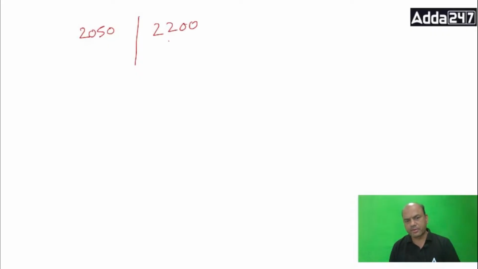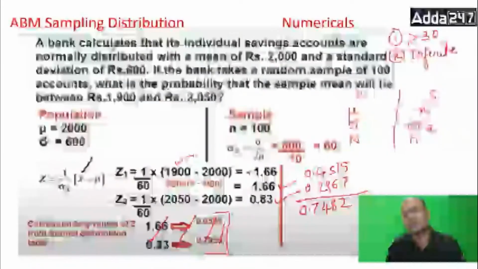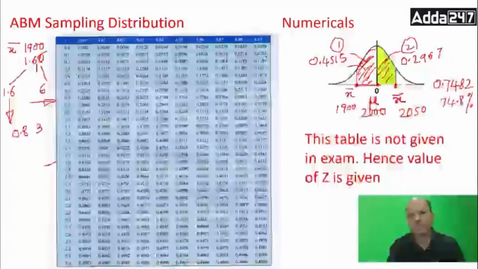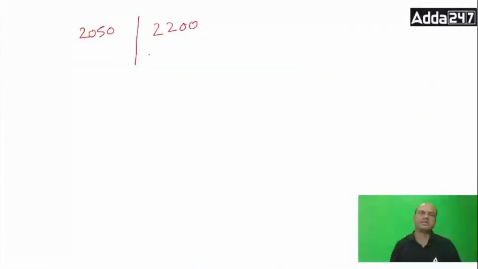Okay, lying between 2050 and 2200. Now you give me the answer. Now you do all the calculations. Let me see. First, find out standard error. So let's do it. Let's solve it.